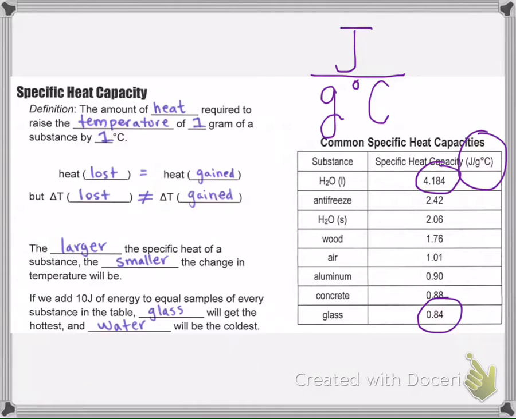That helps us understand that the amount of heat lost is equal to the amount of heat gained. But that doesn't necessarily mean that the change in temperature is the same for the heat lost or gained. Remember, we're looking at energy, so joules.